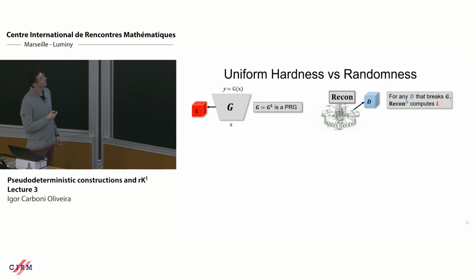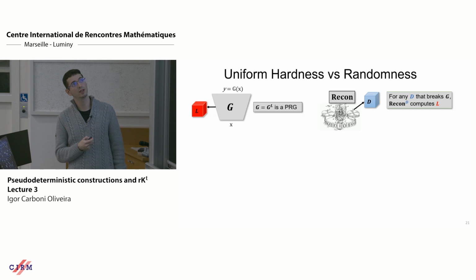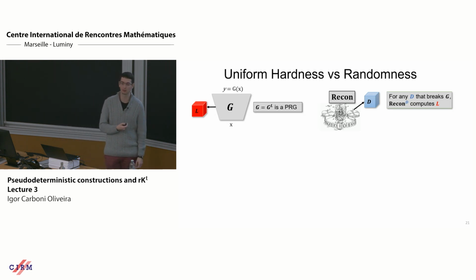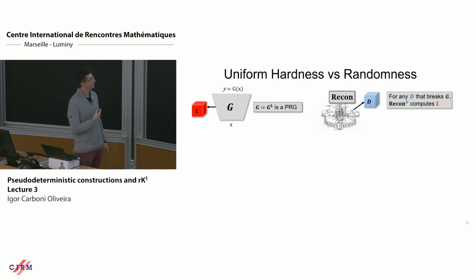So you would assume that there is a test that breaks the generator, and then associated with this generator, there is an efficient reconstruction procedure that uses the test and computes the language, okay? So it's a constructive proof, and therefore, if the language is hard, then you shouldn't have such a D that distinguishes the output of the pseudo-random generator from random. Okay? But as in Valentine's talk, we use this both in play-to-win and in play-to-lose situations. Okay? And we don't actually really know in which one we are.